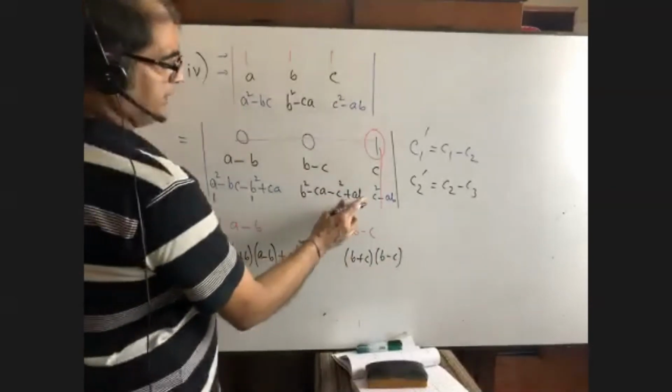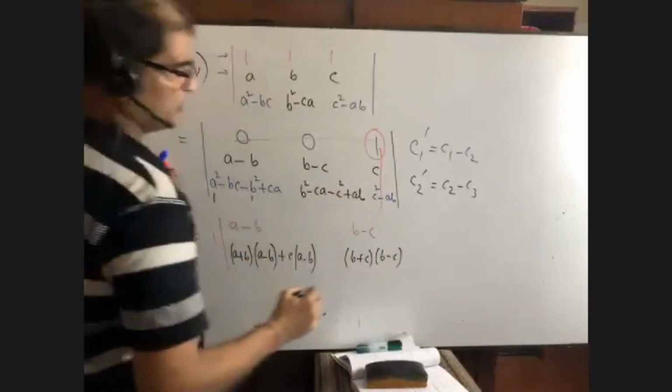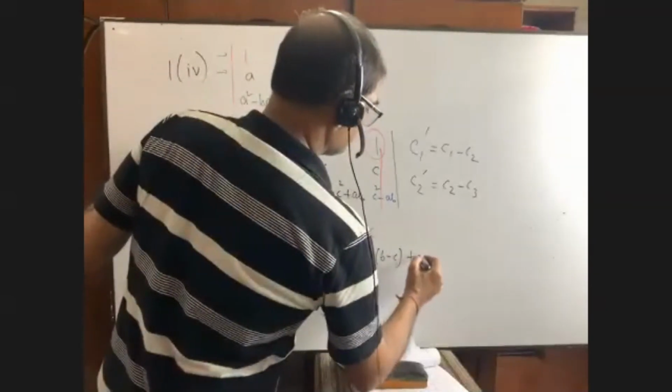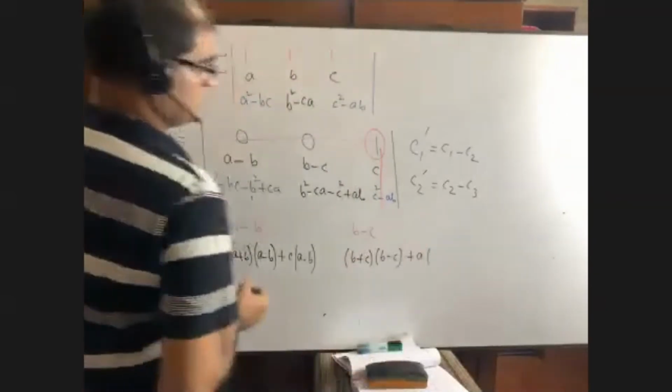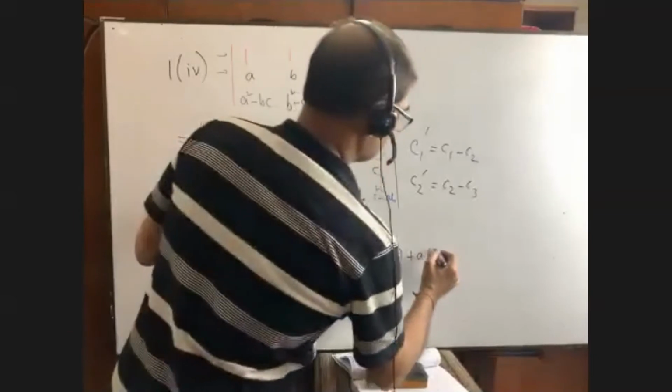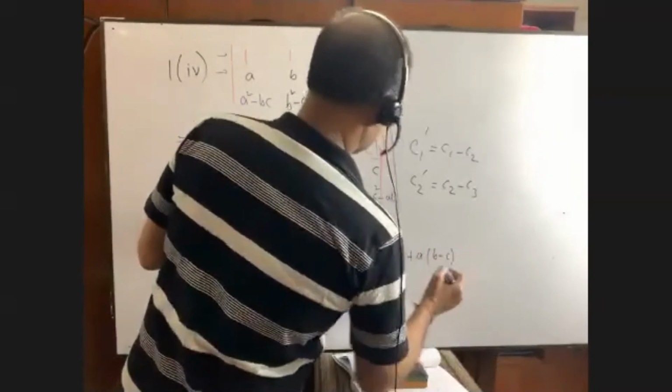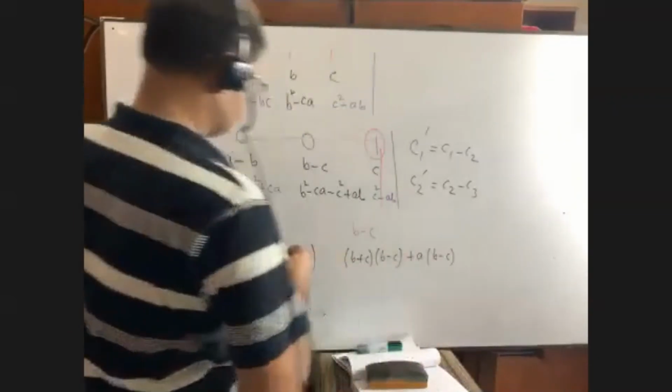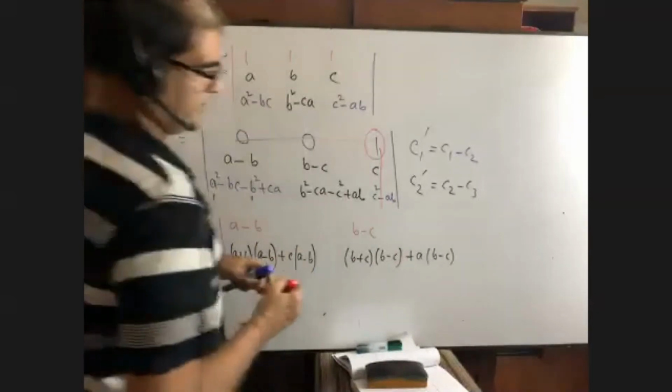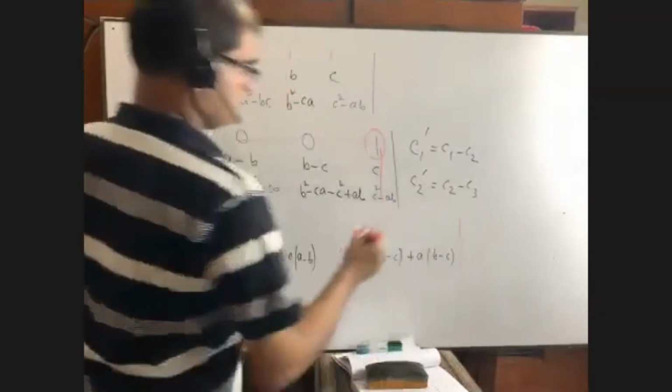Here ab, here ca, I can take a common, plus a has been taken common, that is b minus c. Please try to understand what I have done here.